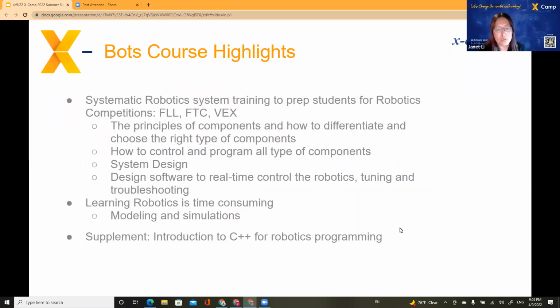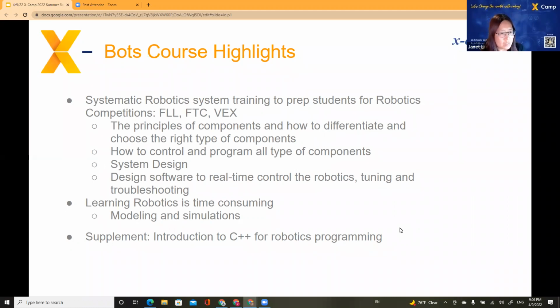And here are a few highlights for this class. This class is focused on systematic robotic system training to prep students for robotics competitions. It will teach the kids the principles of the key components of robotics, and how to control and program all types of components.